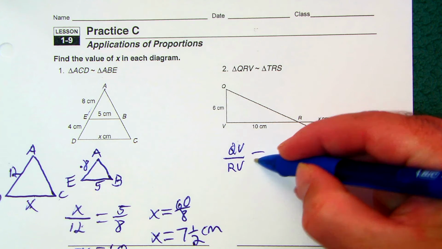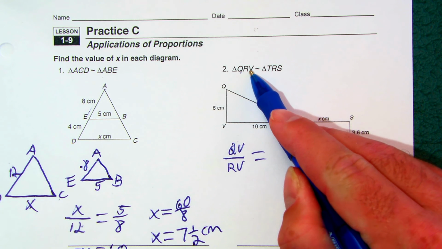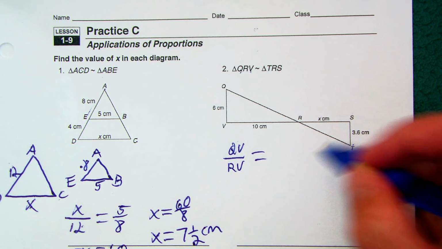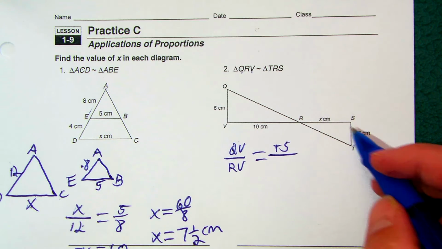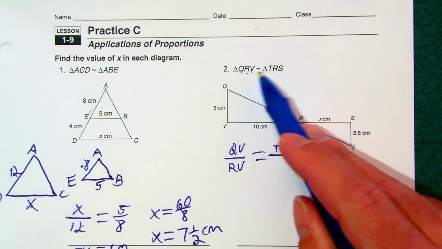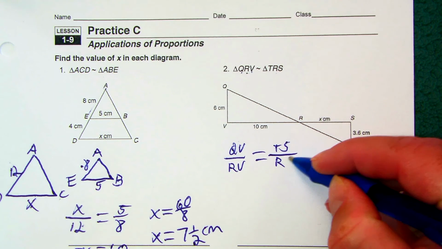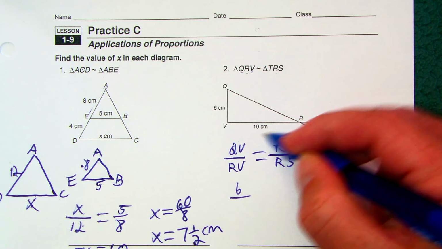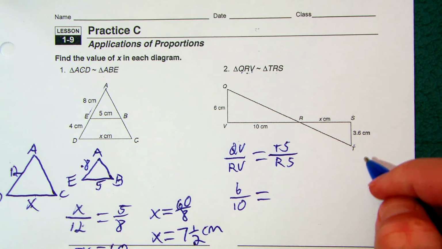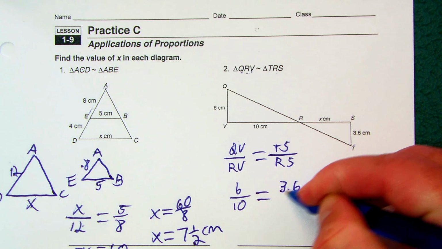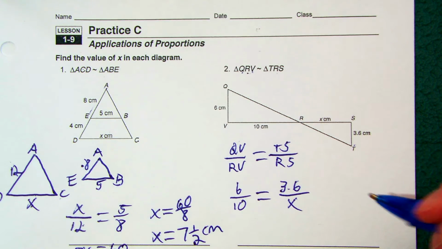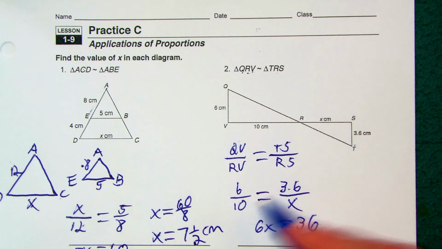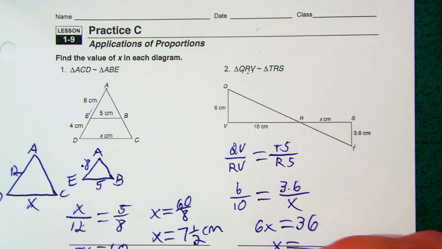So if I go QV in this numerator, that means I need to have TS, which is good. And then since I had RV, go RS. All right. So again, QV was 6, RV was 10. So we had 6 over 10 equals TS, so 3.6 over x. So we're going to get 6x equals 36. 10 times 3.6 is 36. We'll get x equals 6 centimeters.